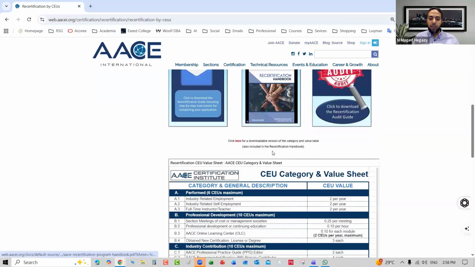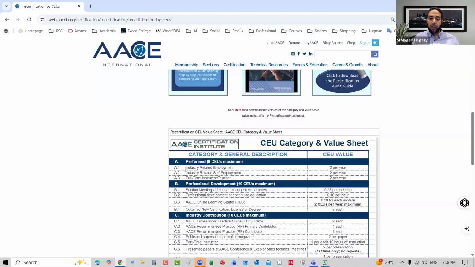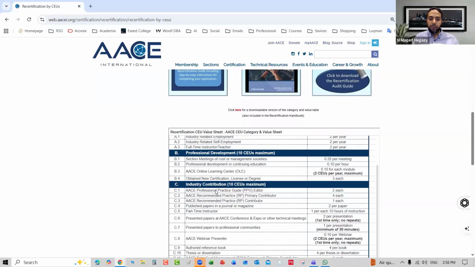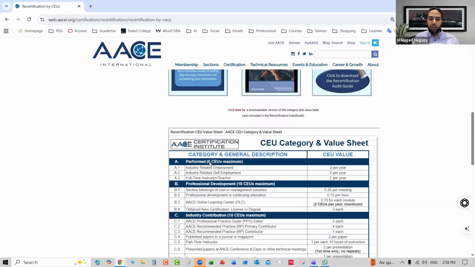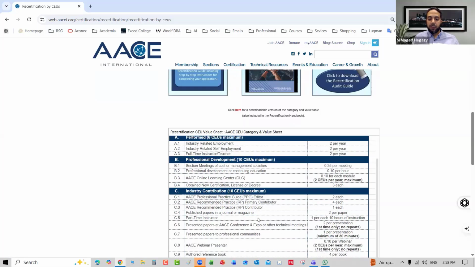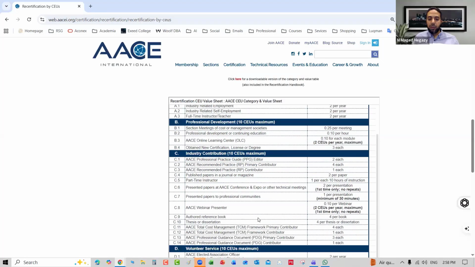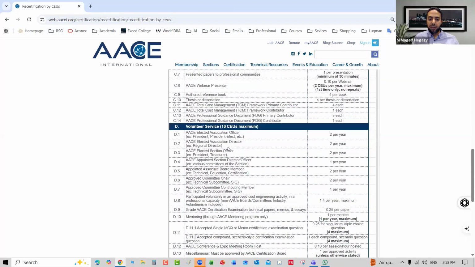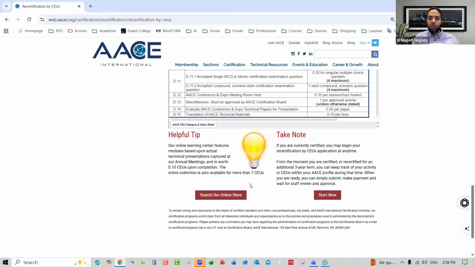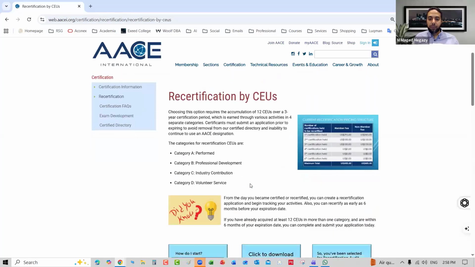They have a handbook on how to calculate the CEUs with the categories and the limits. So performed work maximum 6, professional development 10, industry contribution 10, and 10 for voluntary. You need to do a mix of these things to get the total of 12 every 3 years.